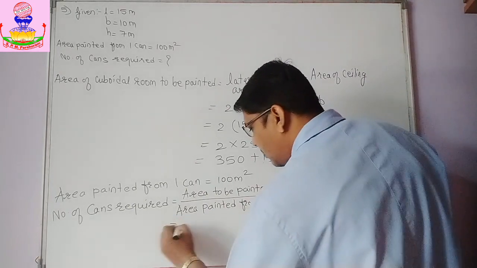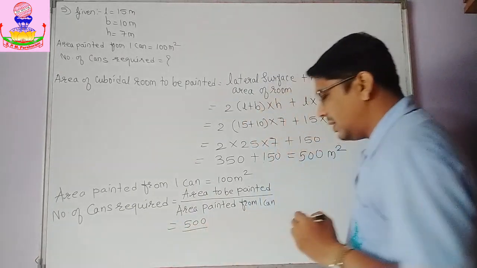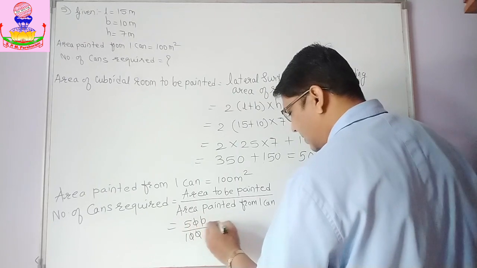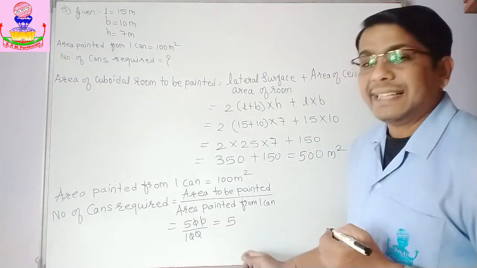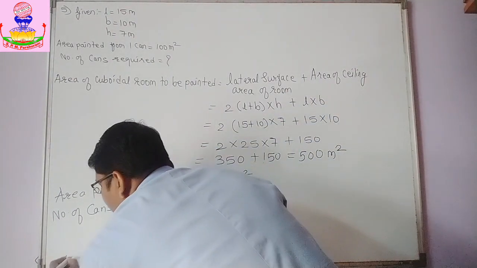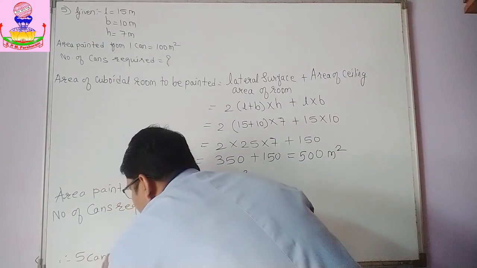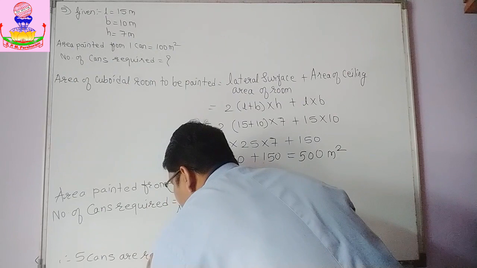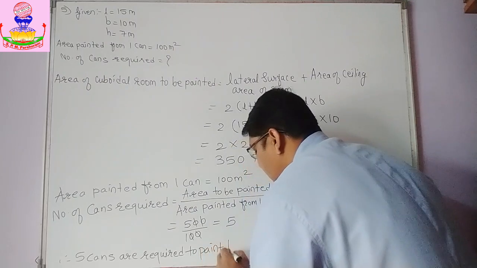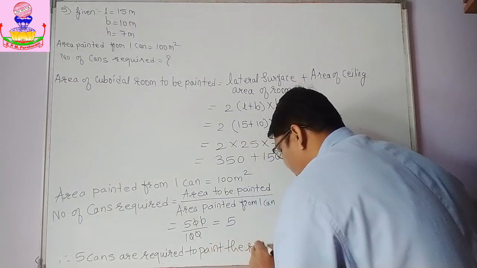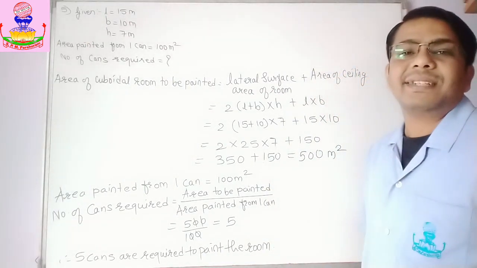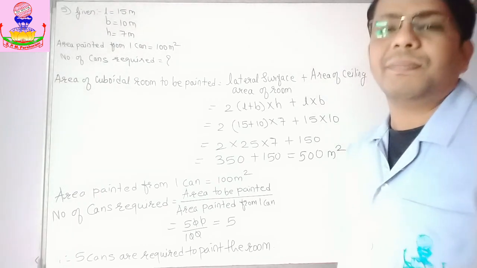Now, what is the area to be painted? 500. What is the area painted from one can? 100. So 0, 0 cancelled. Answer is 5. So how many cans are required? 5 cans are required. Therefore, 5 cans are required to paint the room. That is the answer. I hope you have understood. Let's move to the next example.